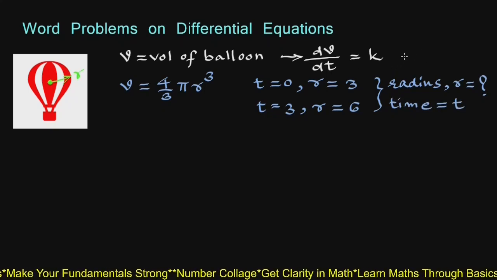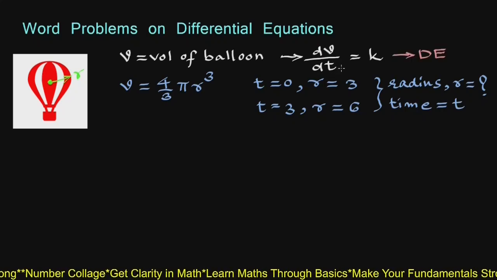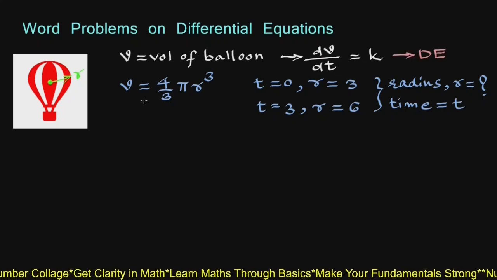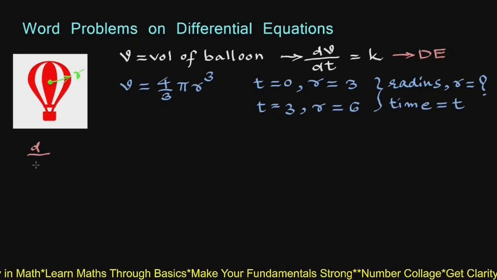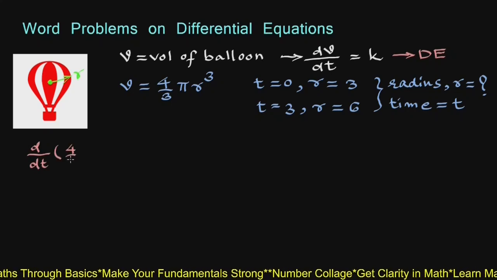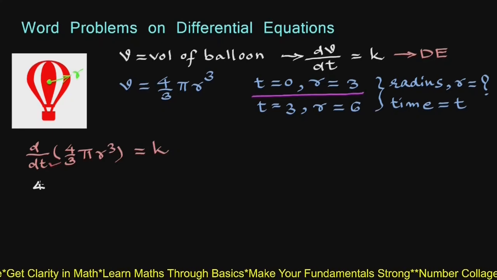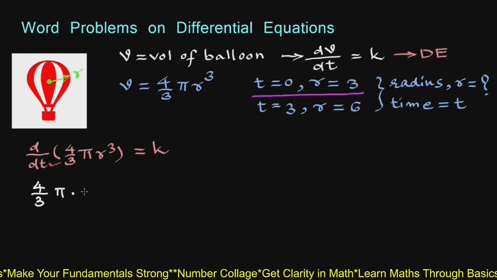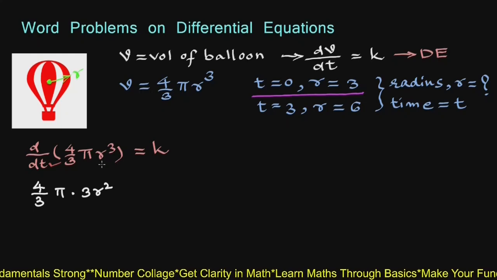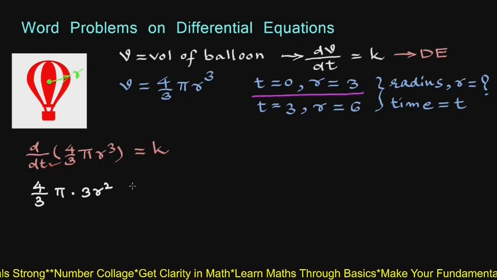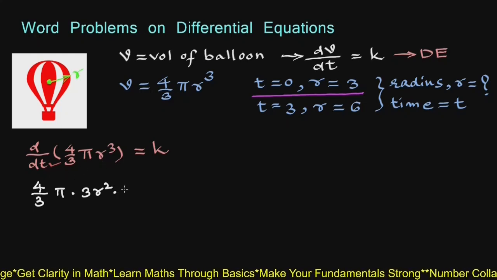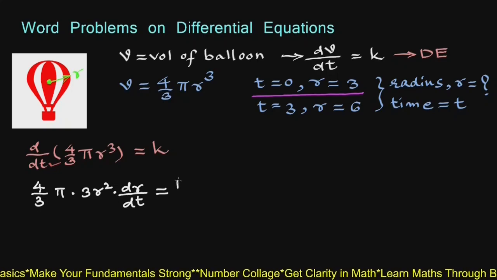We have the differential equation dV by dt equals k, which, after putting the value of V, will be d by dt of 4 upon 3 pi r cube equals k. This will be 4 upon 3 pi into 3r square, and since we have to differentiate with respect to t, we have to multiply here by dr by dt, which is equal to k.